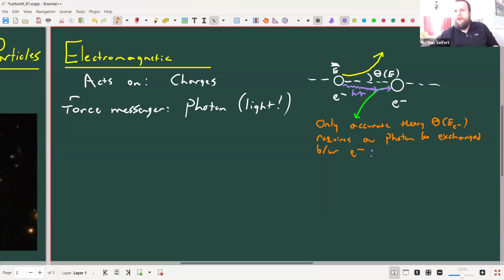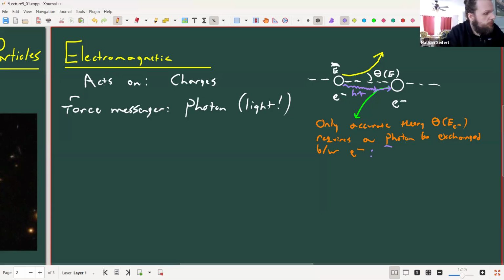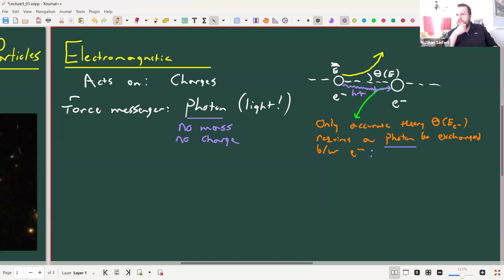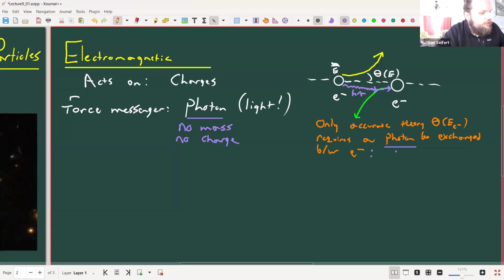And you can predict roughly what that effect is, where you make the assumption that this force is being exchanged with the release of a photon, which of course has no mass and no charge. No mass and no charge, a neutral particle or neutral wave, if you will. The prediction is good to 15 significant digits.